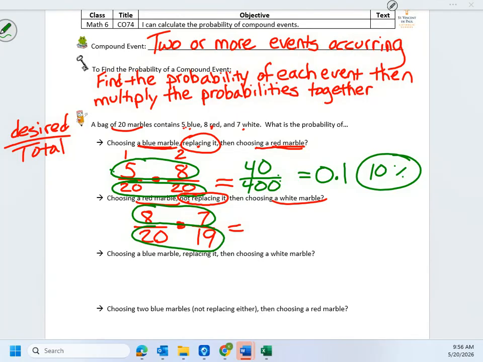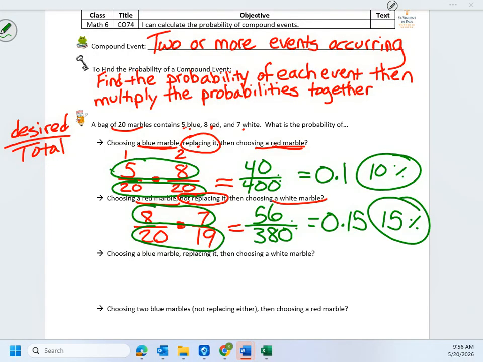Vinny? 56 over 380. So 8 times 7 is 56, 20 times 19 is 380. Now what do I have to do? Rhoda? Divide it. What is 56 divided by 380? Michael? 0.15. 0.15, which is what percent, Michael? 15%. That is my final answer.